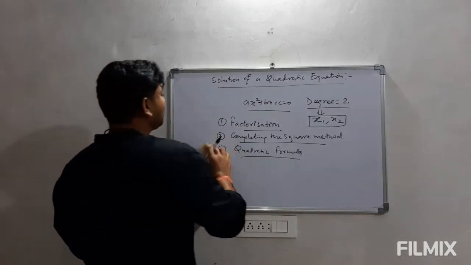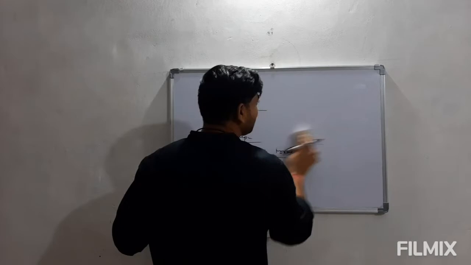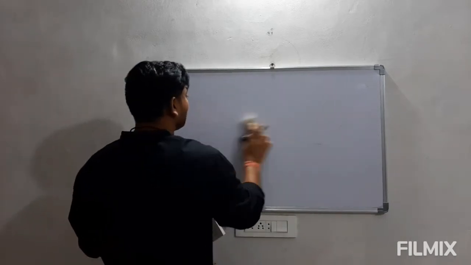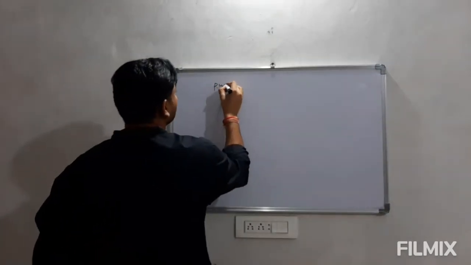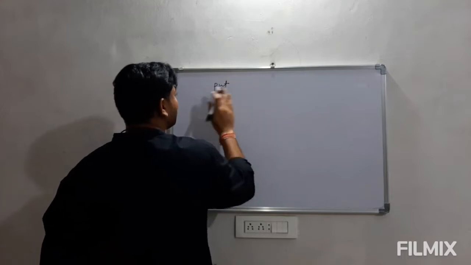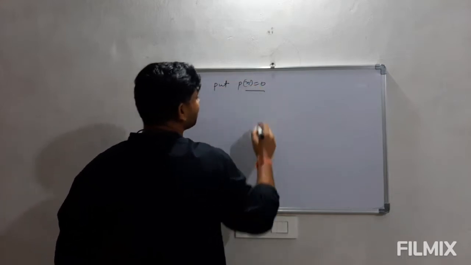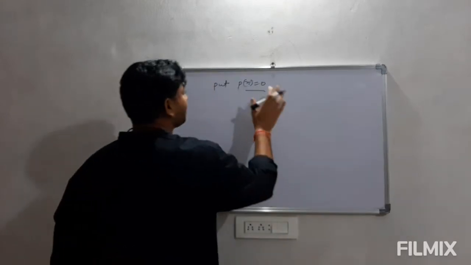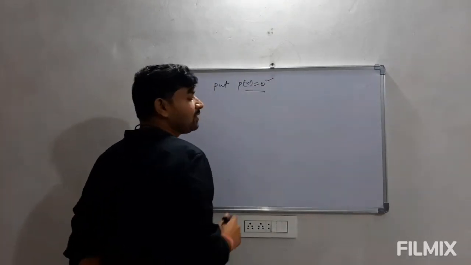It is similar to the method which we use in the solution of simple equations. For factorization, I am talking about, we have to put p(x) equals 0, meaning whatever quadratic equation is given to us is already in this format.